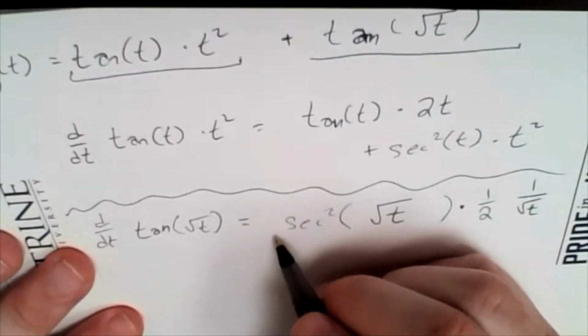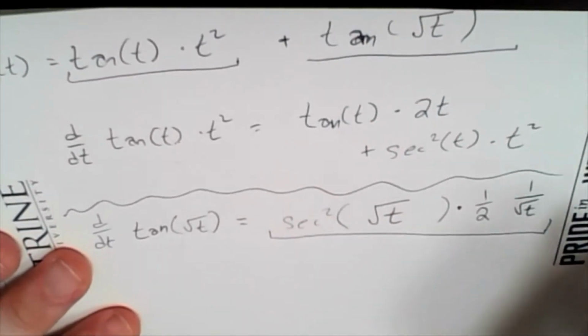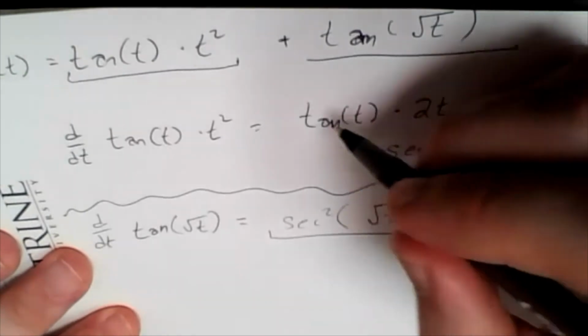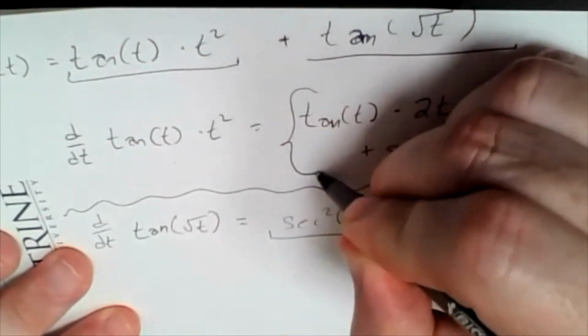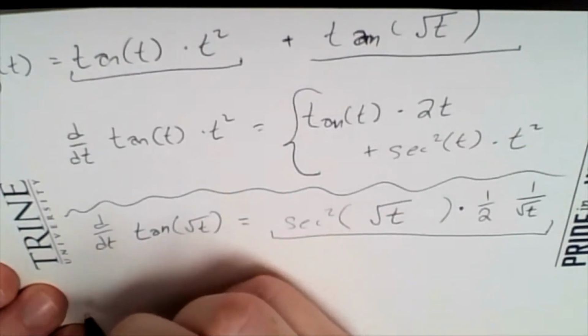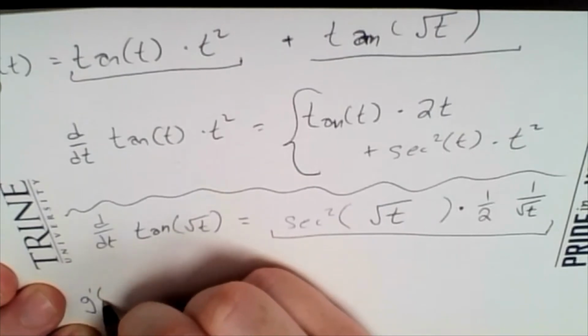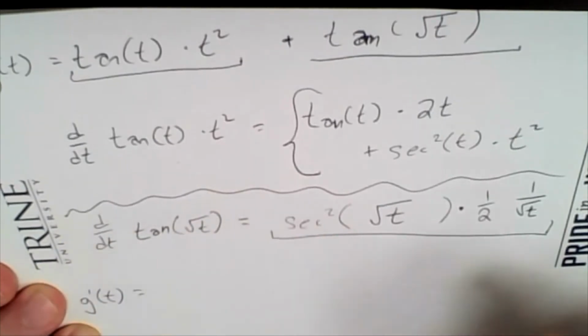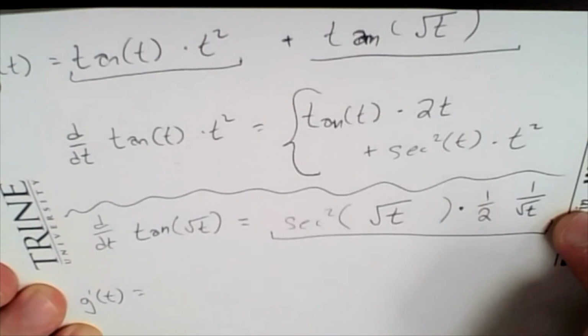So now this derivative and this derivative, these are the ingredients for the actual answer to my problem. I can report that g prime of t is the sum of these two formulas.